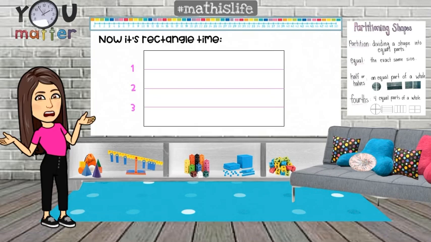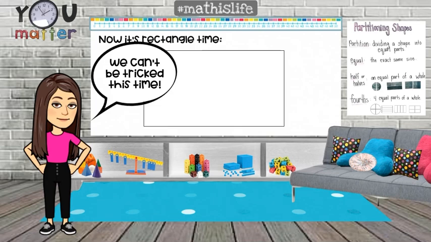This kind of reminds me of when we are drawing 10 frames in class, and we have to remember we only draw 4 lines to get 5 sections. Well, when we are partitioning rectangles, we draw 3 lines to get 4 sections. Let's count again. 1, 2, 3, 4. So we have to draw 3 lines to partition a rectangle into 4 pieces.